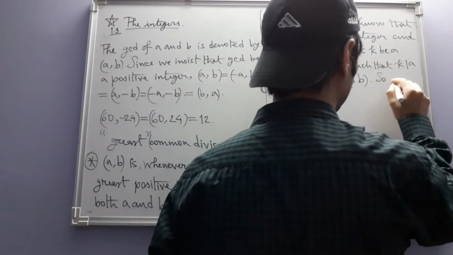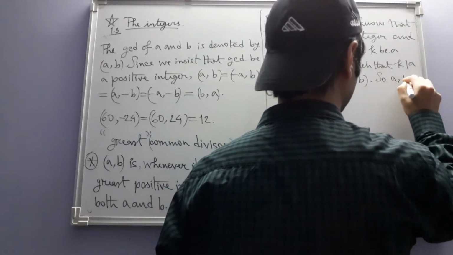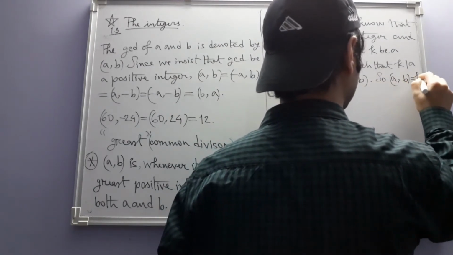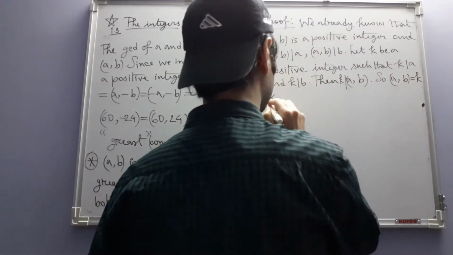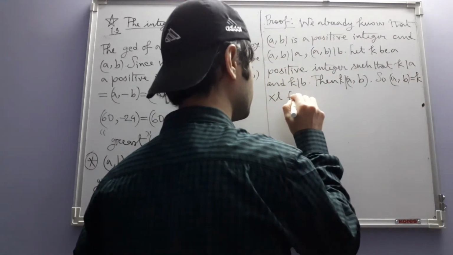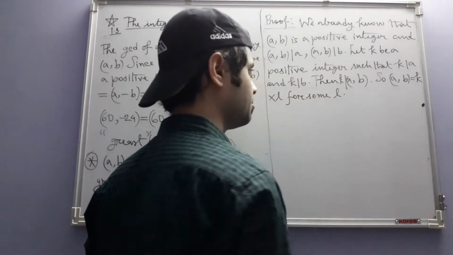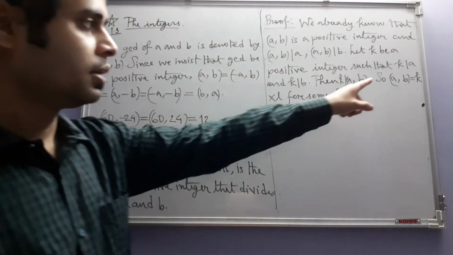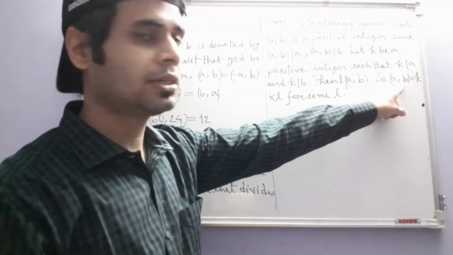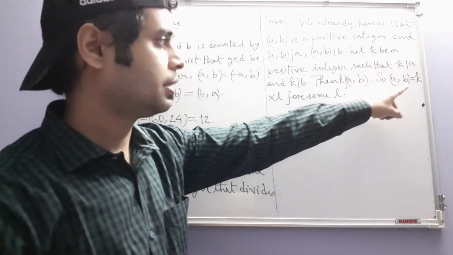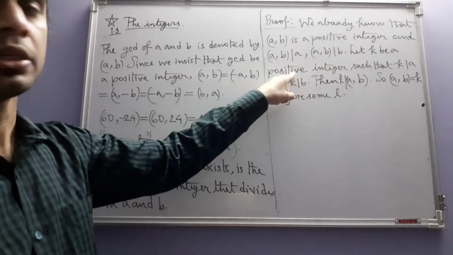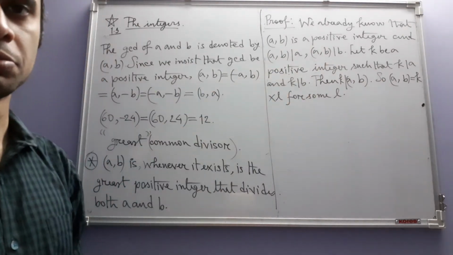So the GCD of A, B is equal to K times L for some integer L. Now since the GCD of A, B is positive by definition, and K is positive by our choice, L also has to be positive.